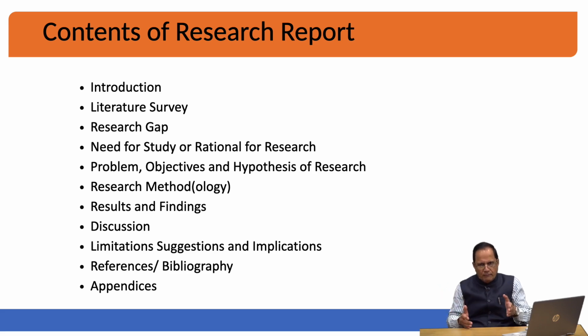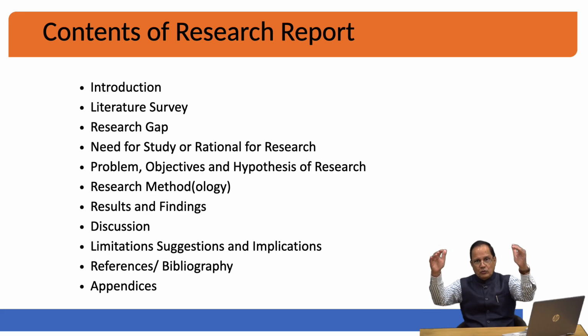In the tabular form, you will write the name of the author, the year in which the research was conducted, the topic or title of the research, the finding, and in the last column you will write the relevance.